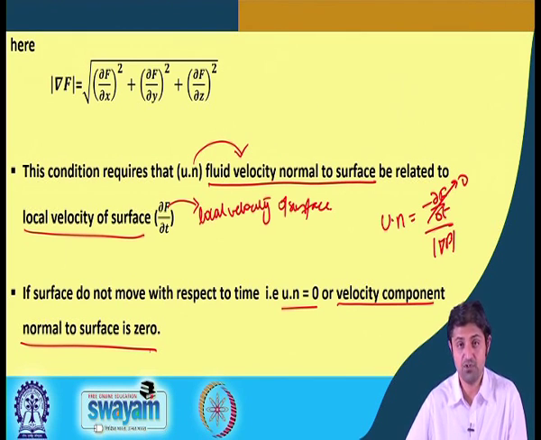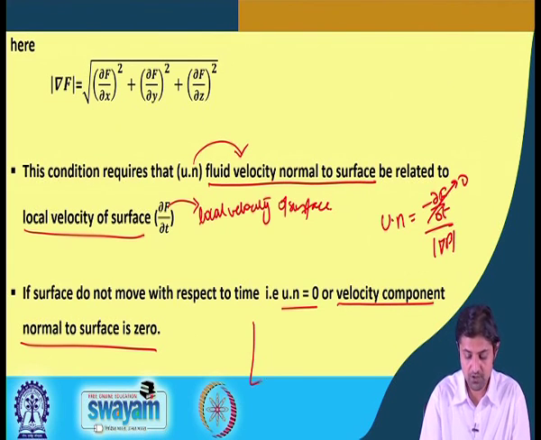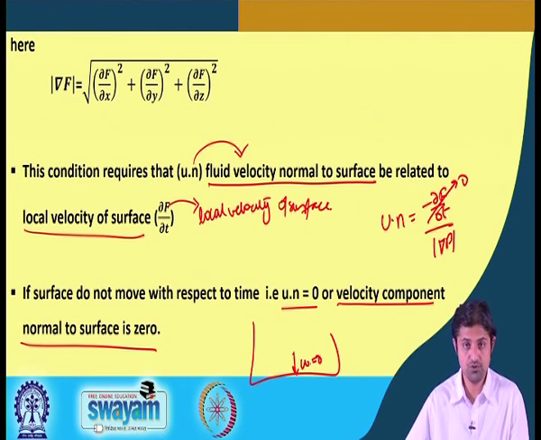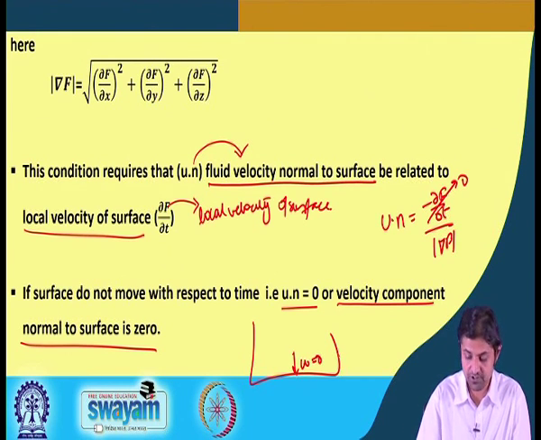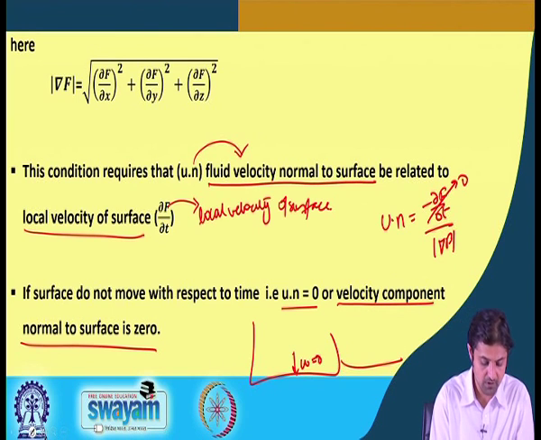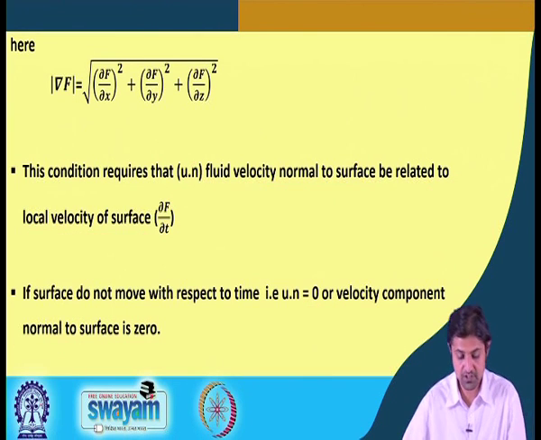We have seen this when we assume a fixed surface like the river bed or the sea bed. I drew a diagram and said the velocity here will be 0. We just used to say that, but now we have proved that the velocity component normal to the surface will be 0.